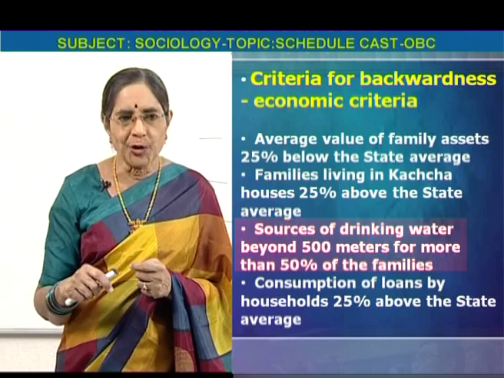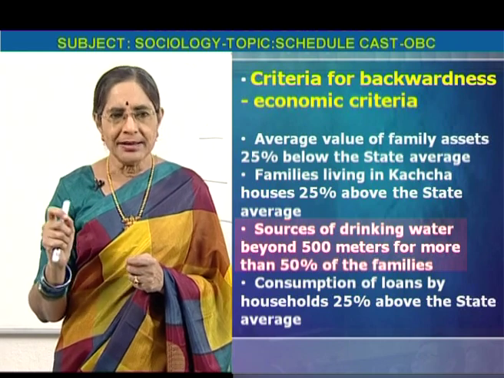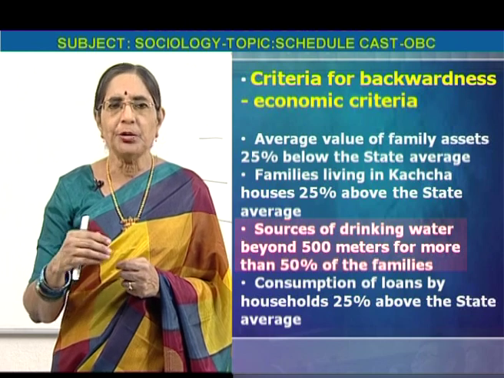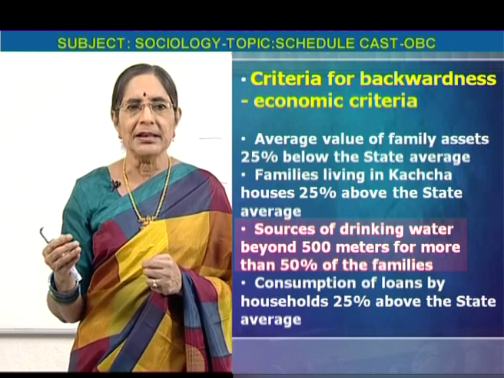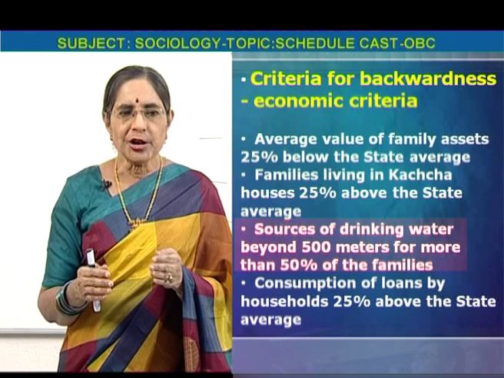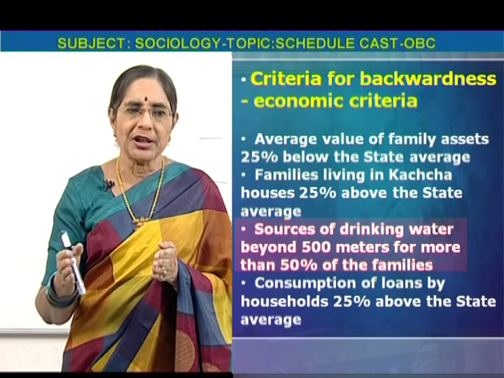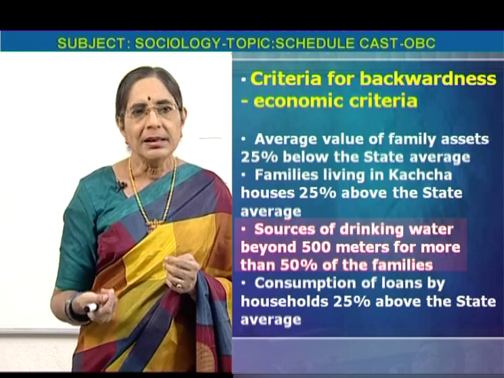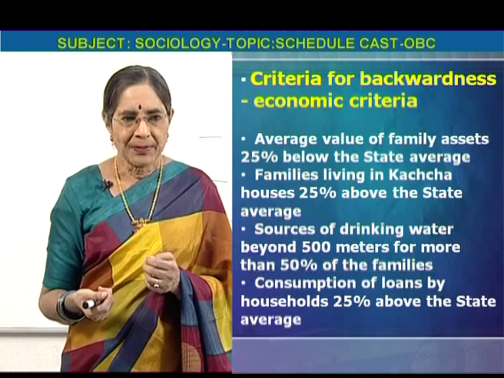Sources of drinking water also is one such criterion. If persons are expected to go beyond 500 meters and such families are more than 50% above the state average, then that is another economic criterion for backwardness.